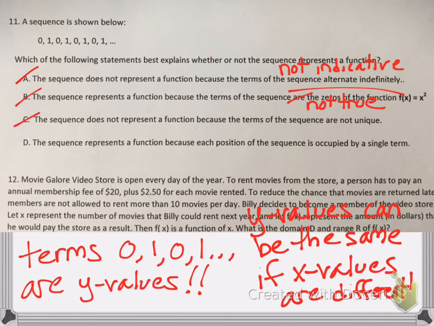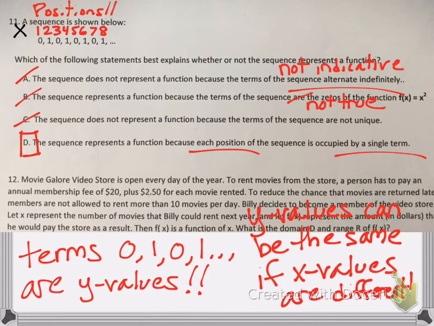Your x values are actually going to be the positions of those terms. The 0 is in the first position. The first 1 is in the second position. The second 0 is in the third position. These are just positions, and all of these positions are your x values, your inputs.